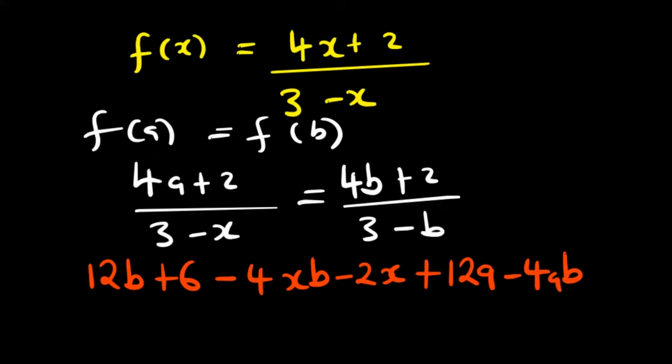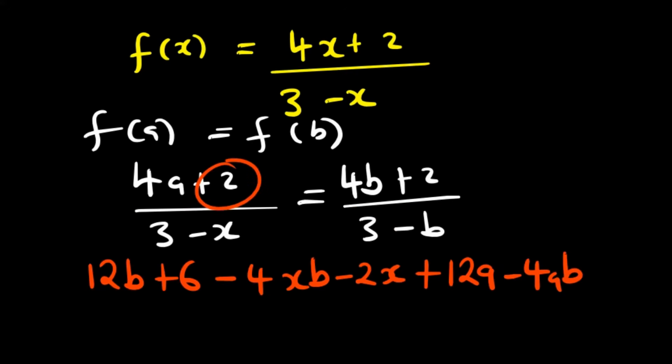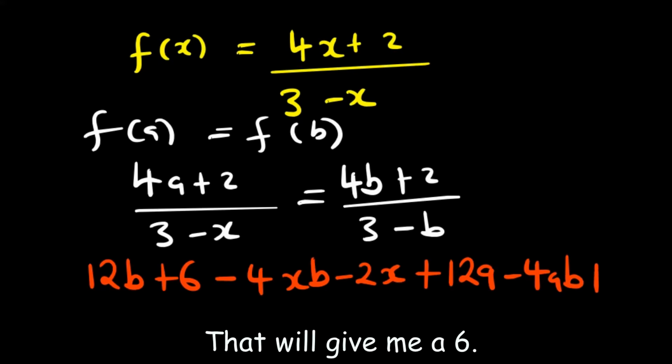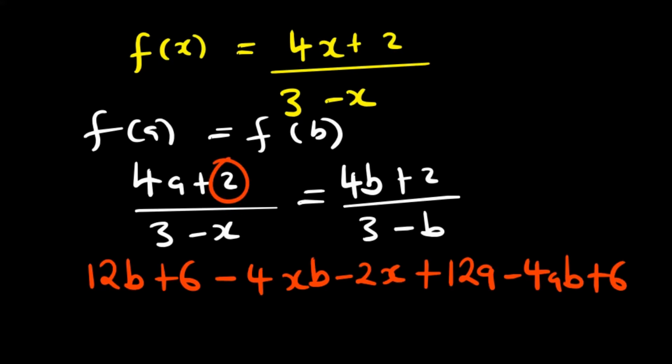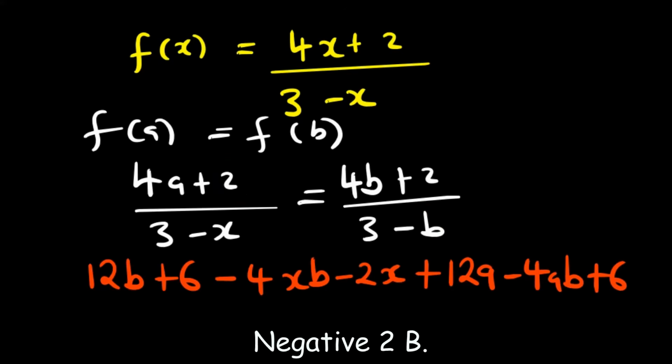Then I come to the 2. 2 multiplied by the 3 will give me a 6. Then 2 multiplied by the negative b, I'm going to have negative 2b.